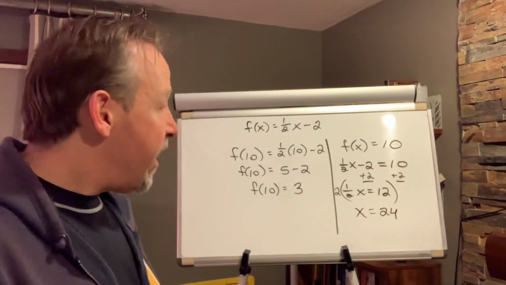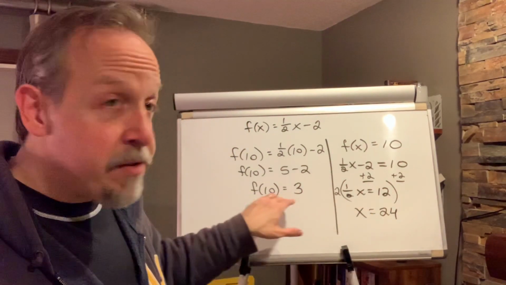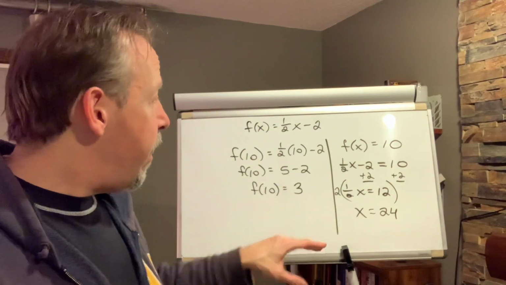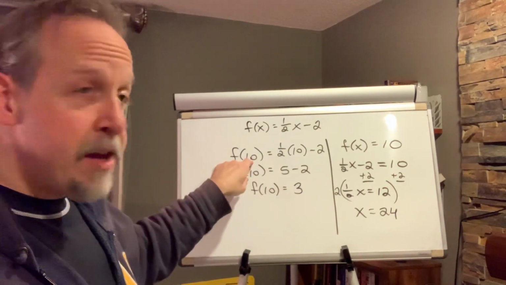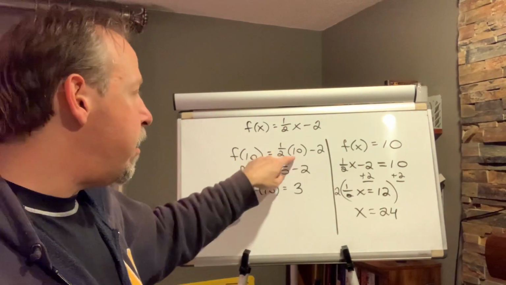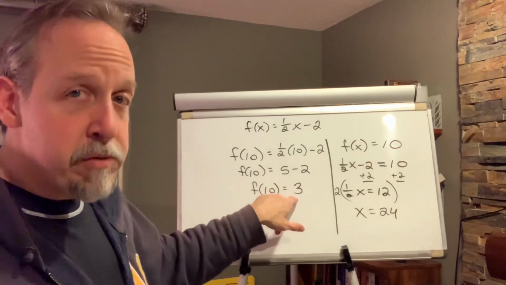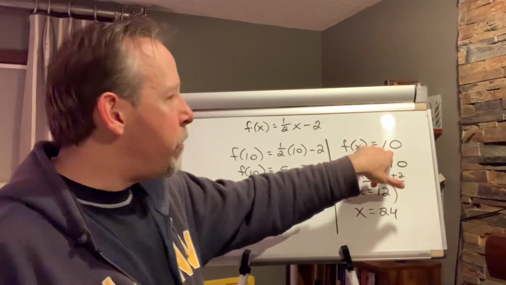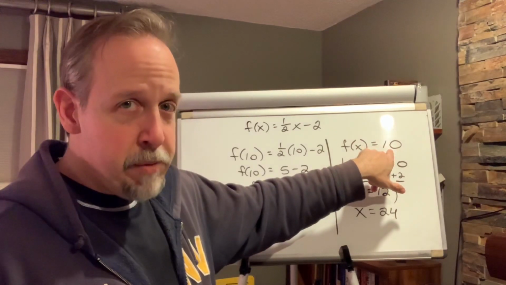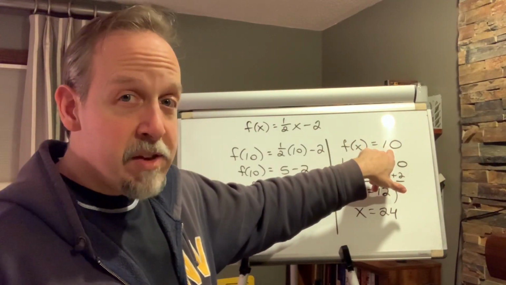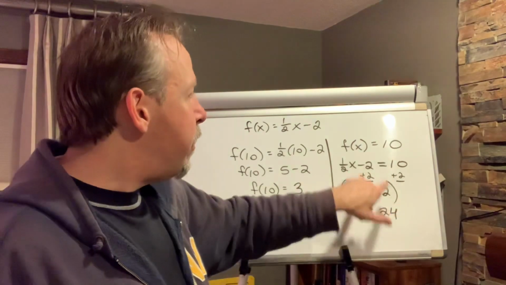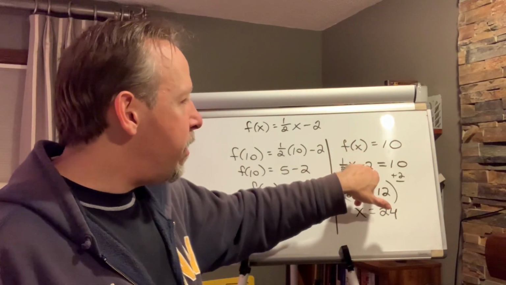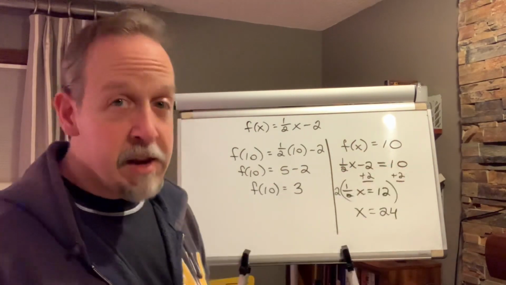So please note how these are different, all right? In the first problem, you were told what the input needs to be, so you plugged it in and you solved f of 10 equals 3. In this problem, you're told what you want the equation to equal, and you've got to figure out what x is to get that answer. So you write down the function, and you make it equal 10. And then we solve for x.